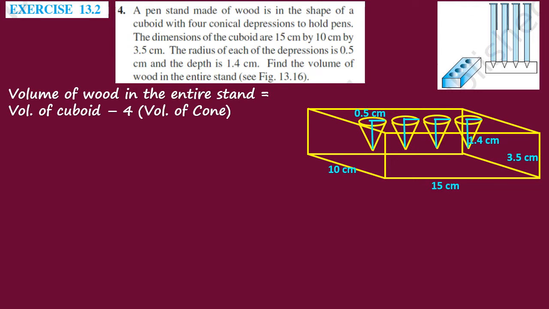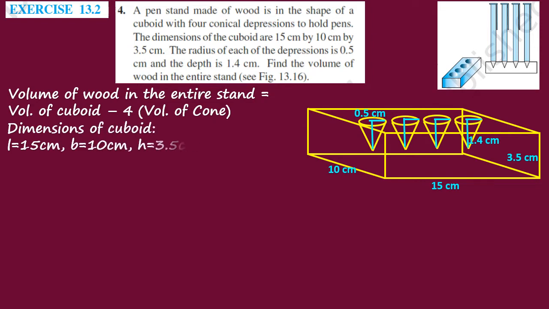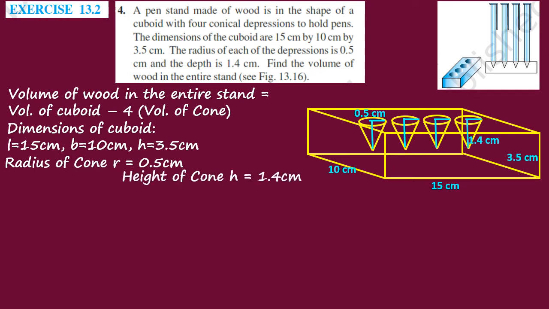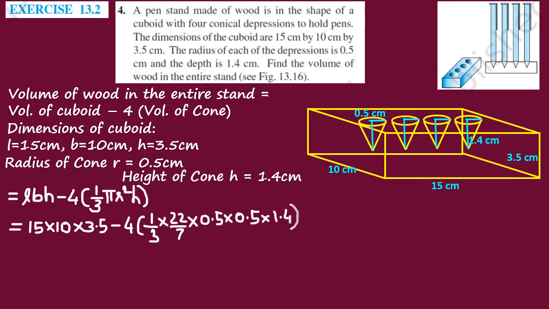After making the stand, what is the wood in that? So it is volume of cuboid minus 4 into volume of cone. 4 cones are there, that's why. So dimensions of cuboid are given. Radius of cone given. Height of the cone also given. So it is LBH minus 4 into 1 by 3 pi r square h.